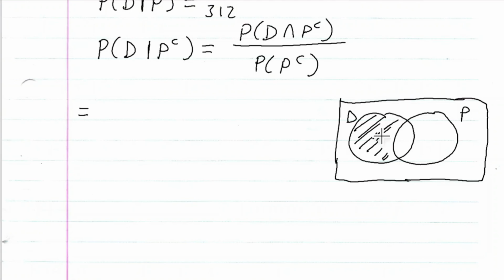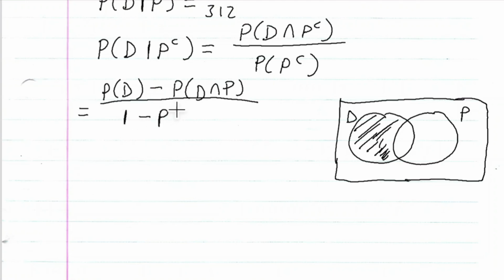D intersection P complement would be this. So we can rewrite this as the probability of D, this whole thing, minus the probability of D intersection P, all over 1 minus the probability of P.